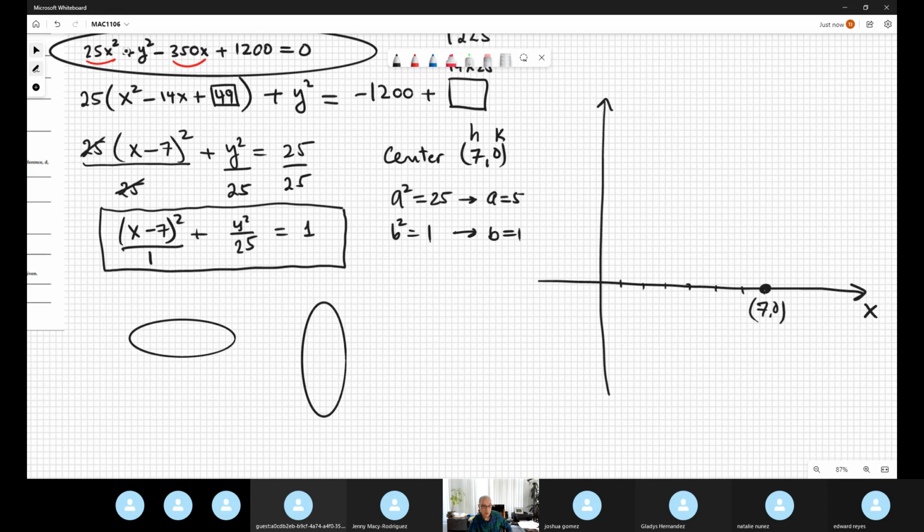What do you think? We have a horizontal ellipse or a vertical ellipse? This is my center I found, but I need to decide if the shape of this ellipse is vertical or horizontal. What do you think? No, nobody has an idea? You don't remember?